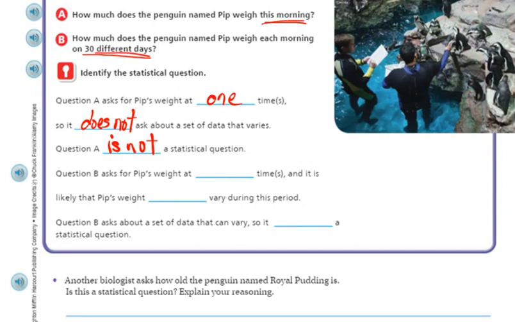Question B asks for Pip's weight at 30 times. And it is likely that Pip's weight will vary or change during this period. Question B asks about a set of data that can vary, so it is a statistical question, all right? Because of this right here, if it's a statistical question, that data set will vary, all right? If it is not, then that means the data set does not vary.